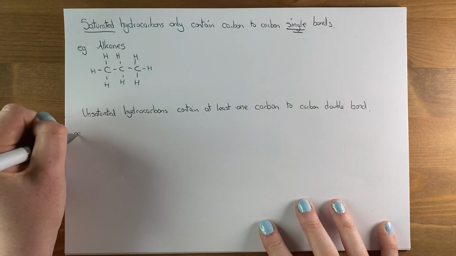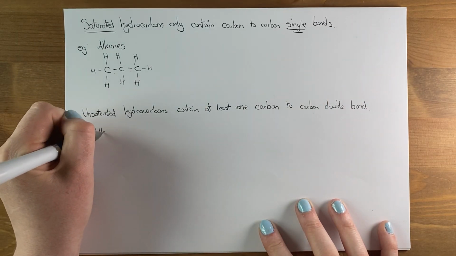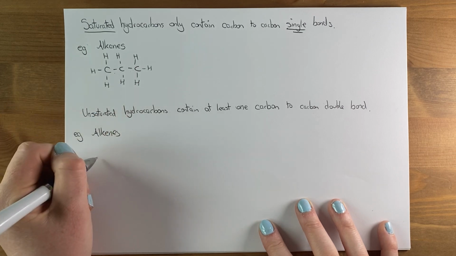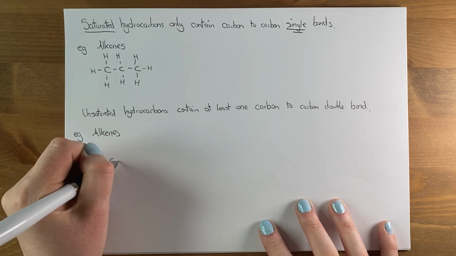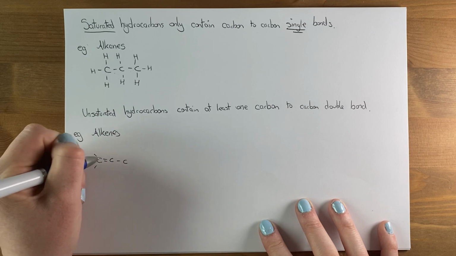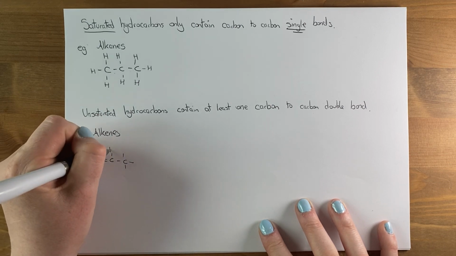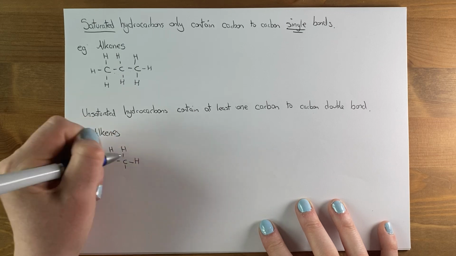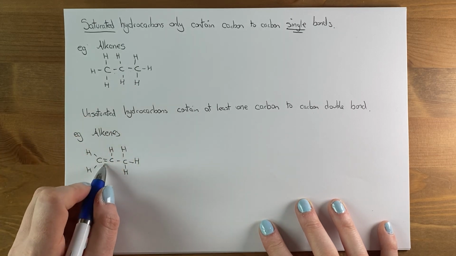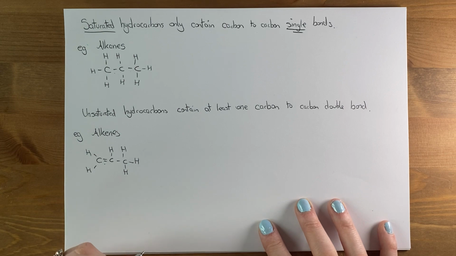For example, here we have our alkenes. And here's propene as an example for you. Propene is an unsaturated hydrocarbon. It contains one carbon-carbon double bond.